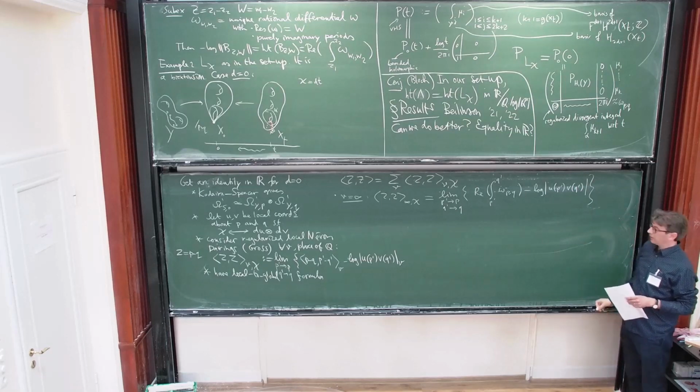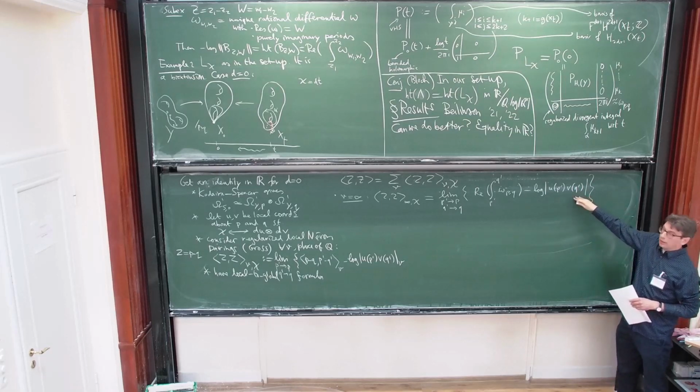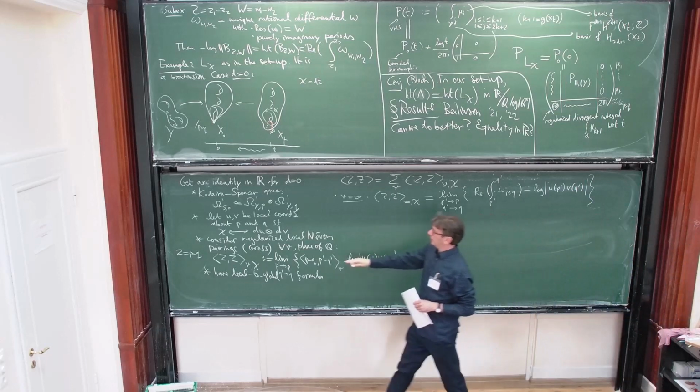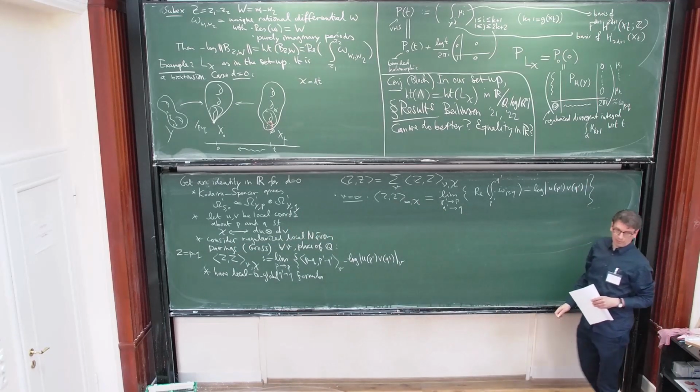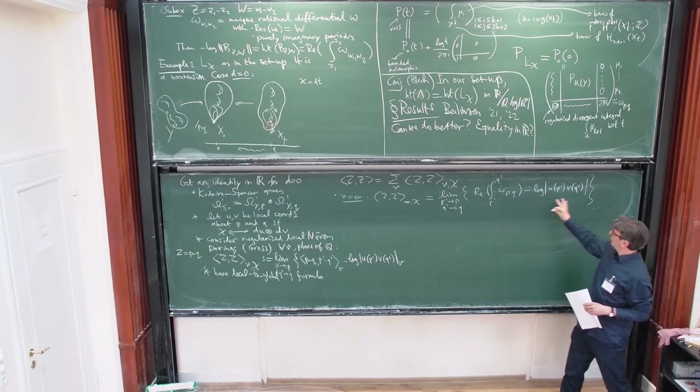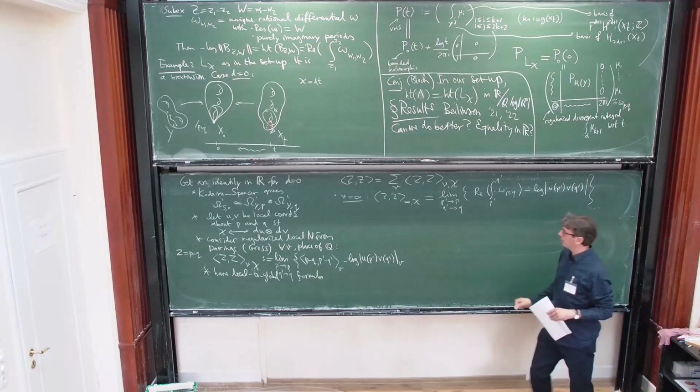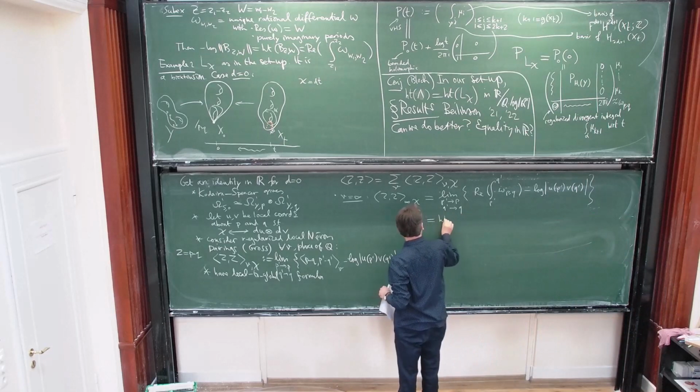Okay, but now morally speaking, this u times v is exactly chi, or dt in my extrinsic picture. So you just stare at it and conclude that this is the height of the limit mixed Hodge structure.